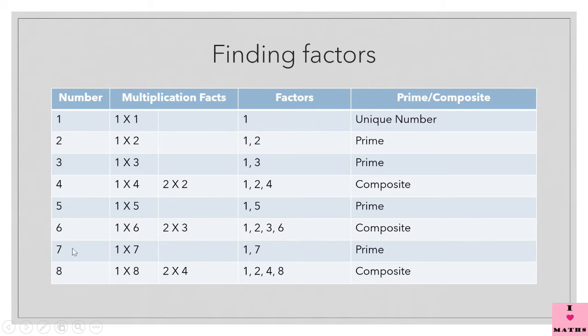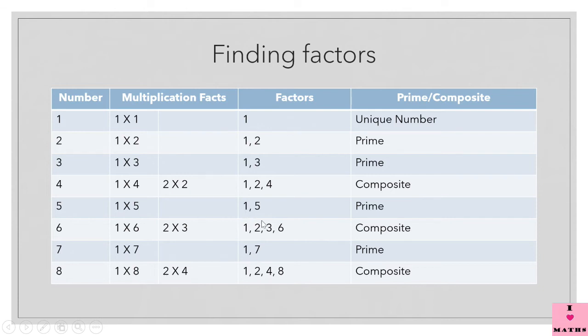So children, please notice the numbers 2, 3, 5, 7. These numbers have got only two factors. Only two factors these numbers have got, and one of the factors is 1 and the other factor is the number itself.